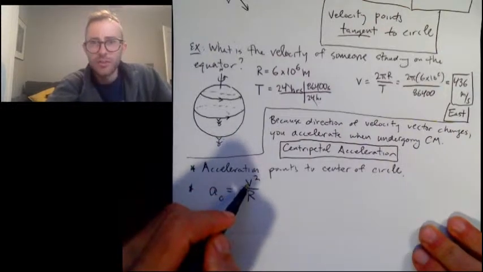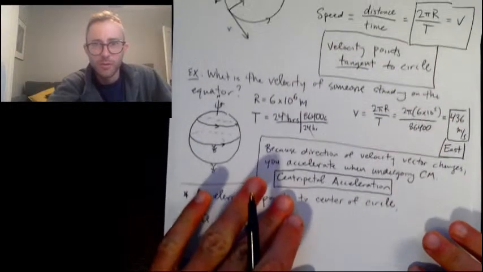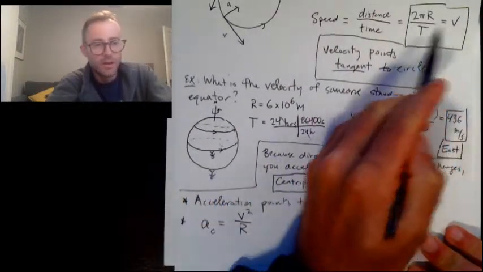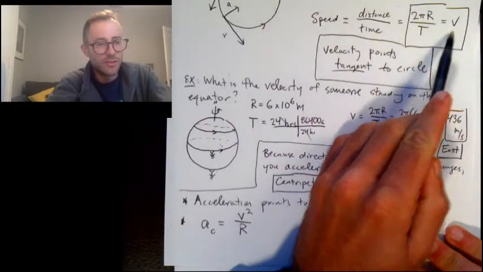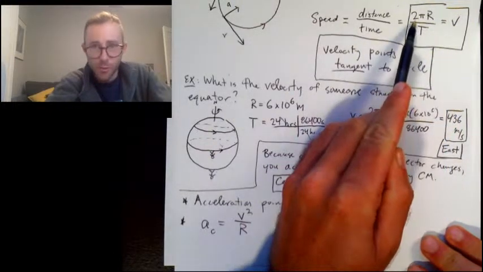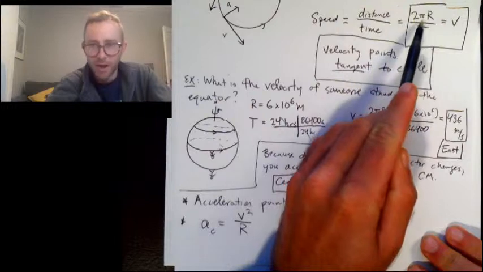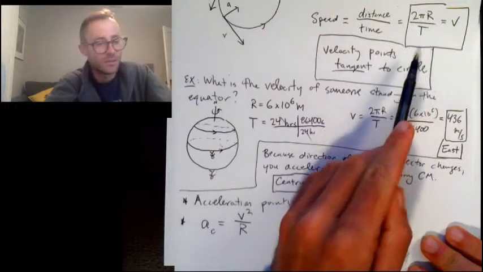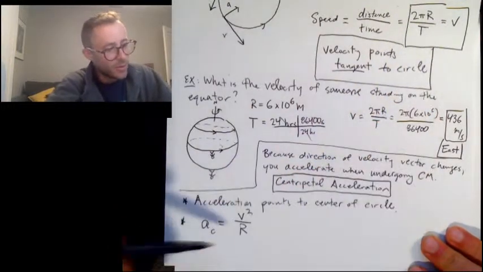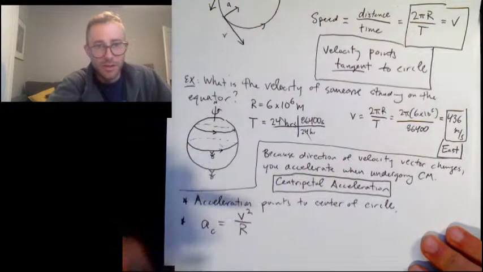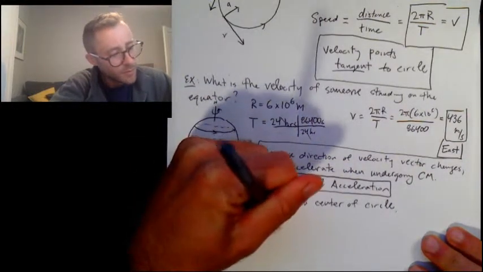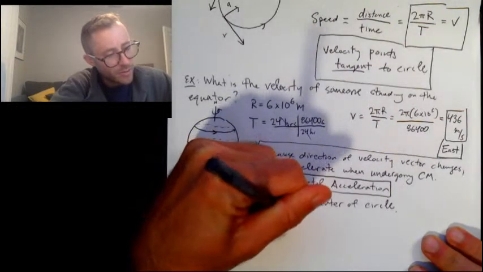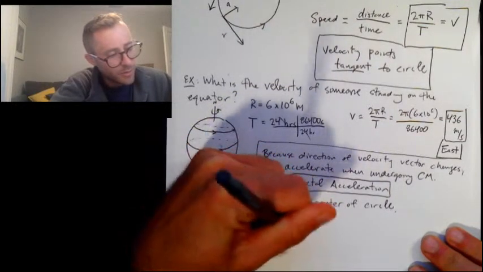Now we could actually combine this with our formula for speed. So speed squared is going to be 2 squared times pi squared times r squared divided by t squared. We could plug that in and get a second equation for centripetal acceleration, which is 4 pi squared r over the period squared.